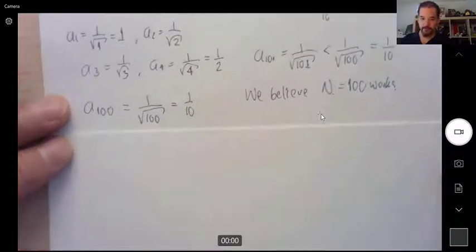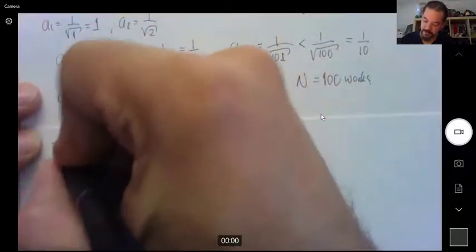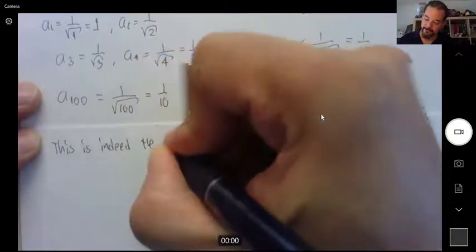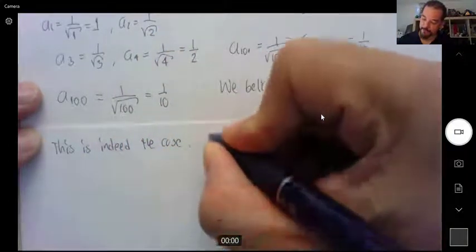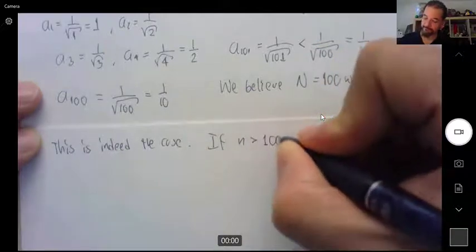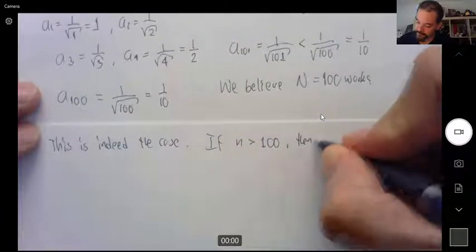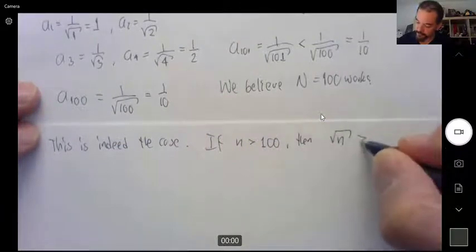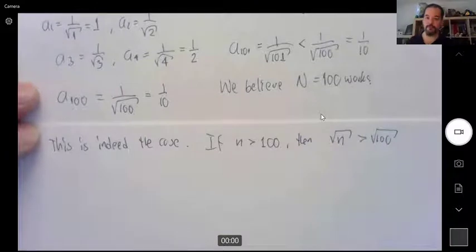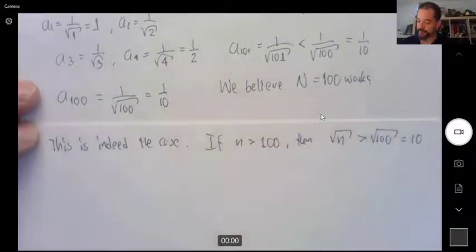We believe N equals 100 works. This is indeed the case. And here's why. If you pick a little n that is bigger than 100, then the square root of n will be bigger than the square root of 100, because the square root is an increasing function, and this guy is 10.